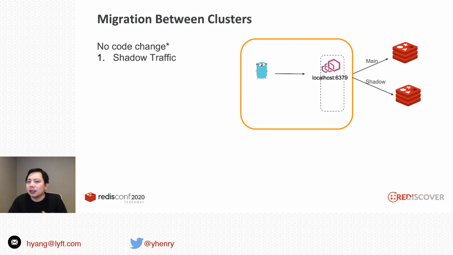You might be asking, why are we shadowing traffic for both read and write? Isn't just write traffic enough? We just want the update to the cache, right?